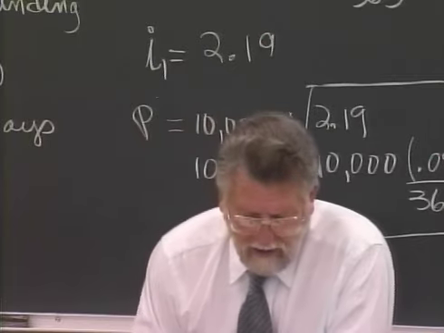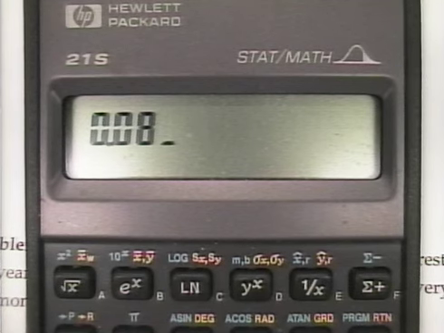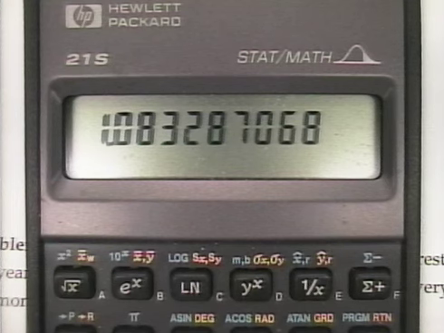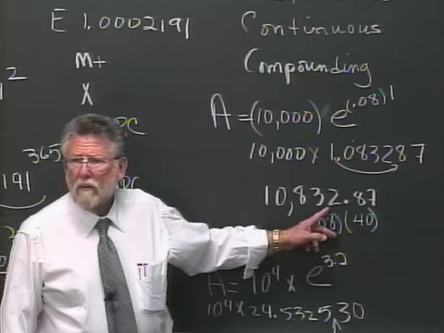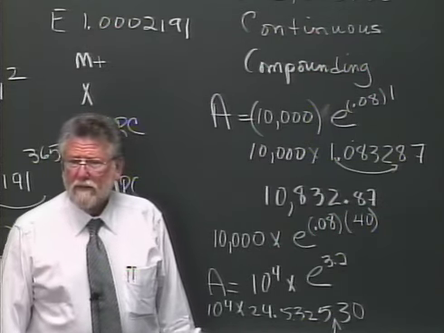So watch what I do in the calculator. 0.08. That's your interest rate. Now, hit this e to the x key and multiply that by 10 to the fourth. And so what do I get if I do it every moment of the day? Well, this is the number we get. $10,832 and what? 87 cents.